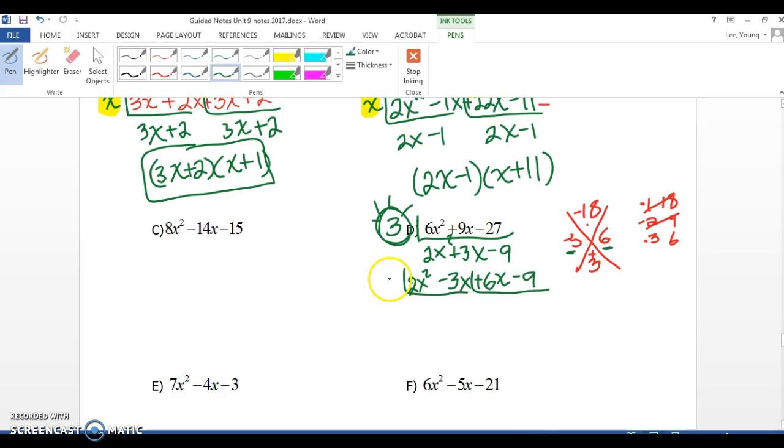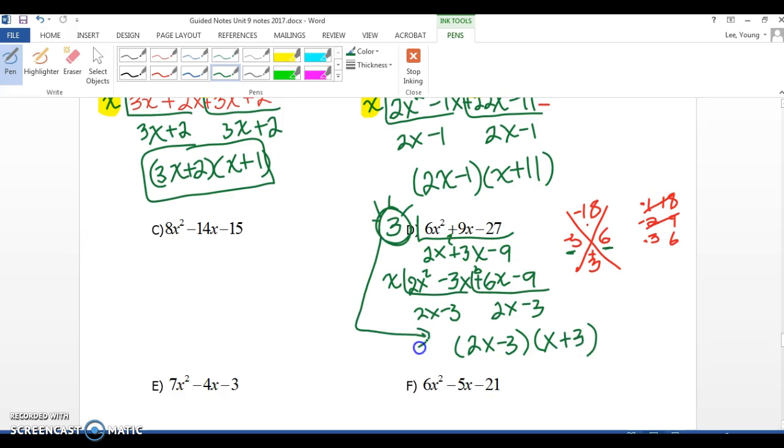Okay, we're going to factor out x. We're going to factor out 3. Matching, so it's going to be 2x minus 3, x plus 3, and then we should not forget about this 3.